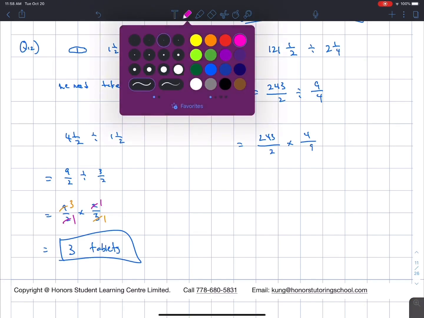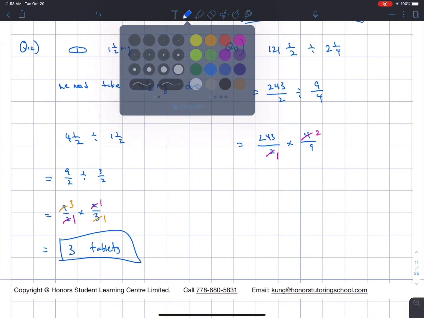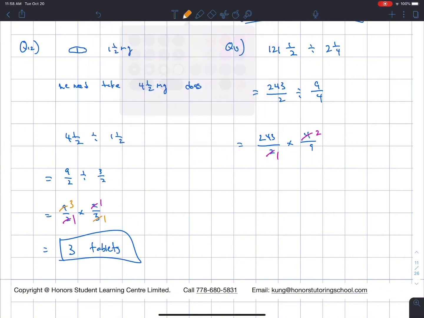Divide this by 2 to get 1, divide this by 2 to get 2. Let's try to divide both of them by 9. Divide this by 9 to get 1, divide this by 9 to get... I'm taking out my calculator already. I get 27. So just 27 times 2, which is 54. So this will be 54 books.